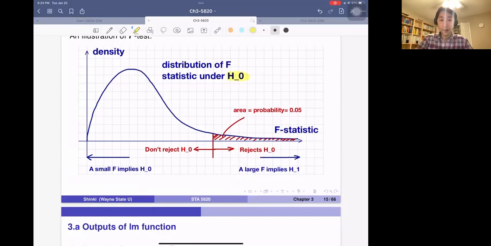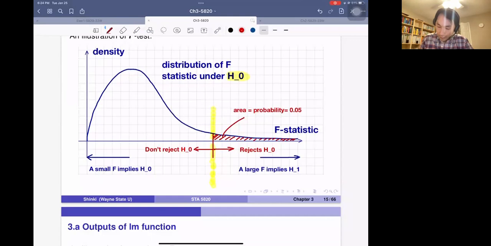Okay, so we reject if F is large enough. Then this is the threshold. The threshold is often set at the point where the red area is 0.05.